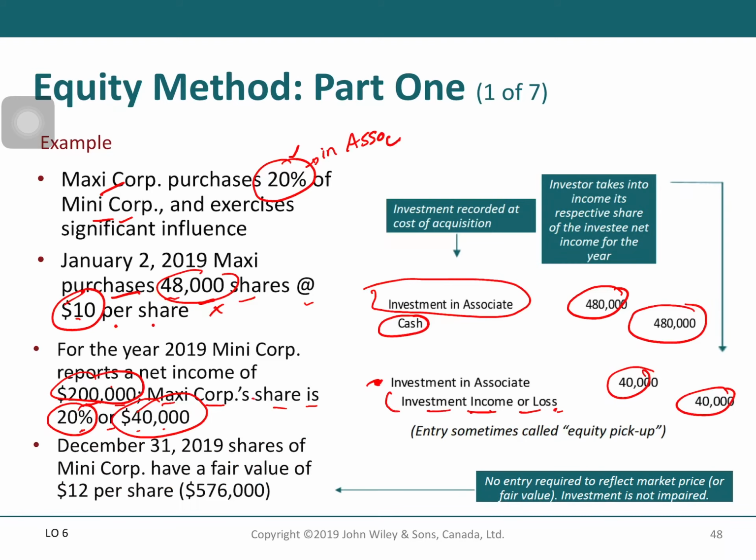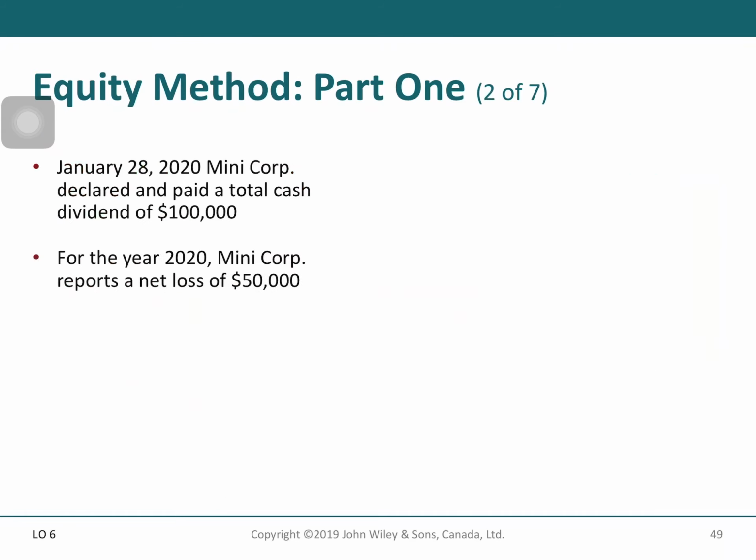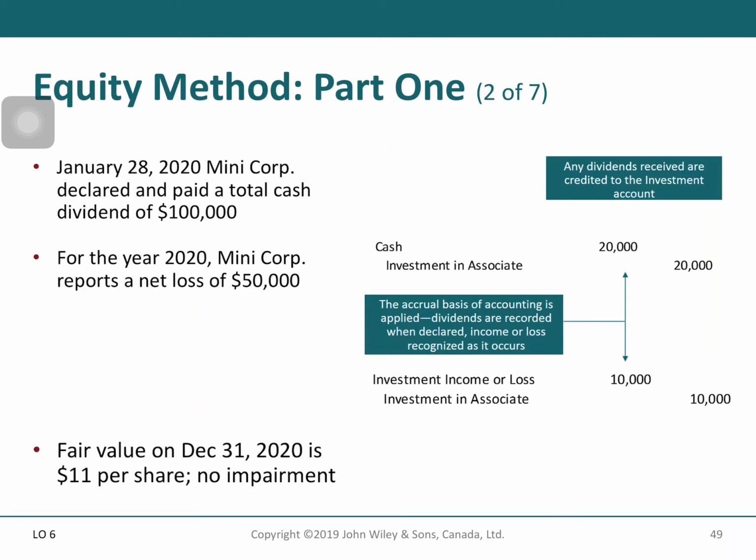At the end of the year, shares of Mini Corporation have a fair value of $12 per share. Okay, you don't need to make any entry, you don't need to make any recording here because you implement the equity method. Okay, next, January 28, 2020, Mini Corporation declared and paid a total cash dividend of 100,000. Okay, your investee pays a dividend of 100,000.